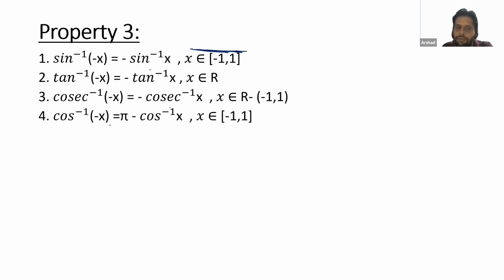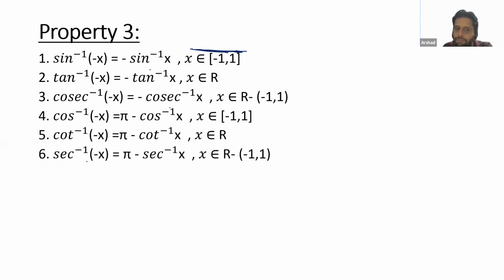Then you have next cos inverse minus x, cot inverse minus x, sec inverse minus x. So these three formulas are same and these three formulas are same. So please remember these formulas. These are the domain. Okay, we will do the proof one by one.